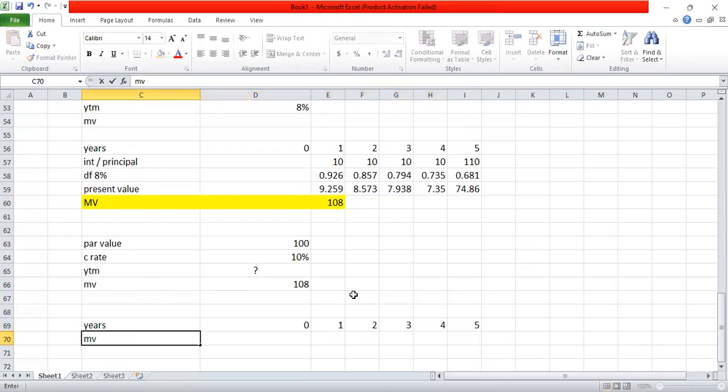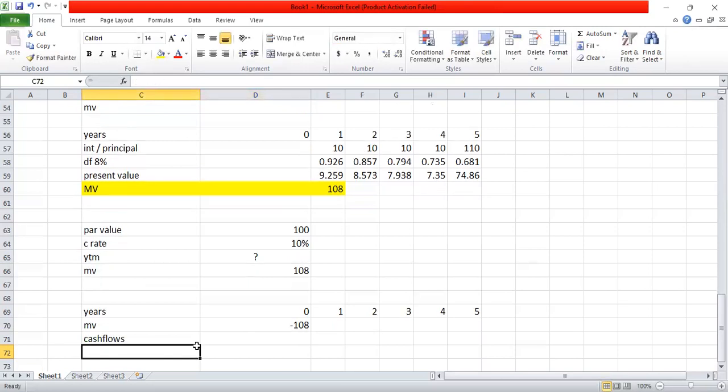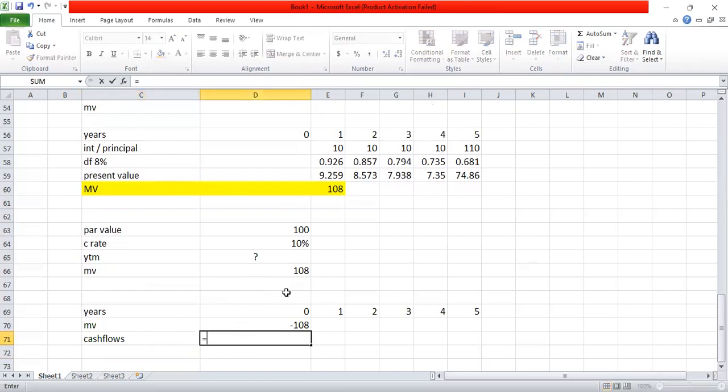In year 0, you will place the market value as negative. Now, every year, you will take the cash flows. These cash flows we have already taken. But remember, the cash flows, you are starting from year 1.